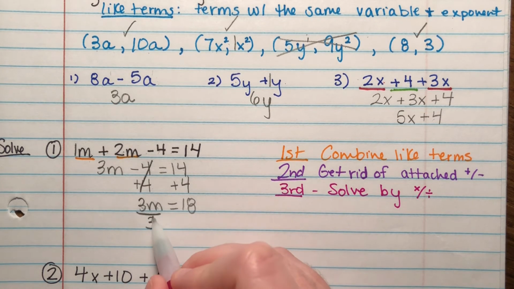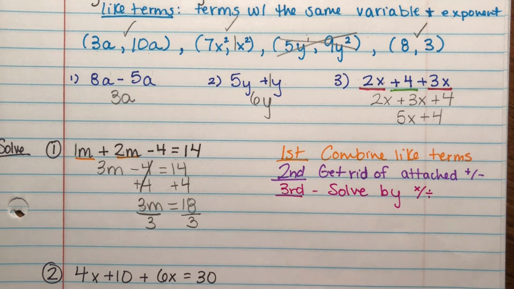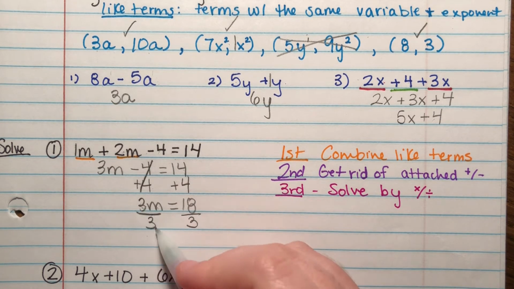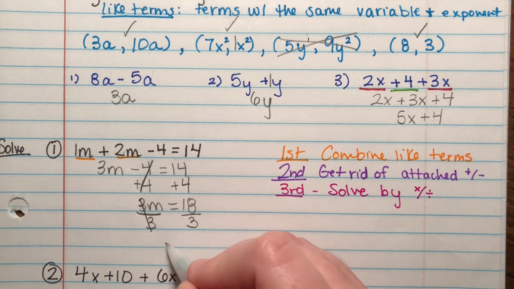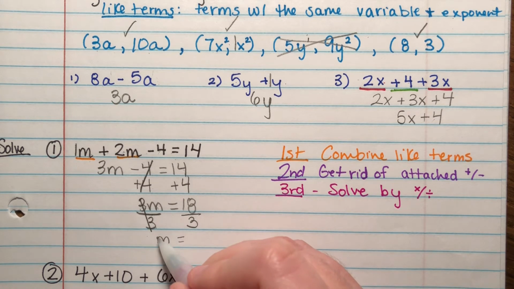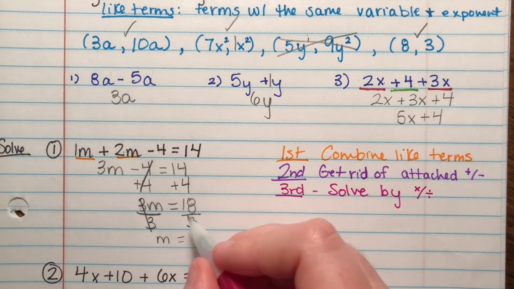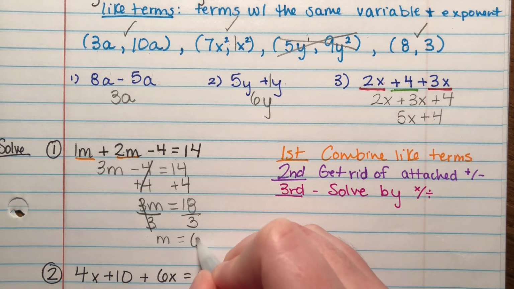So whatever I do to one side, remember, I also have to do on the other side. So 3 divided by 3 is just going to give me 1. And I know that 1 times anything is still just itself. It's not going to change the value. So 1m, or just m, equals 18 divided by 3, which gives me 6.